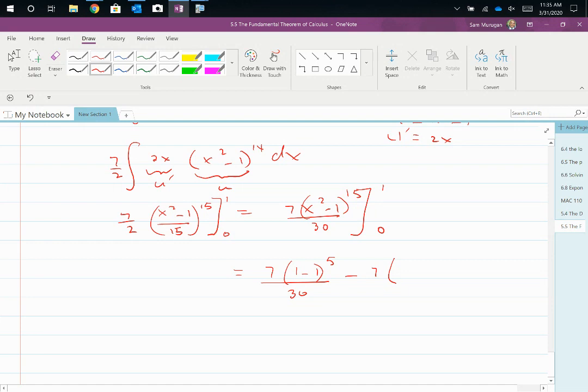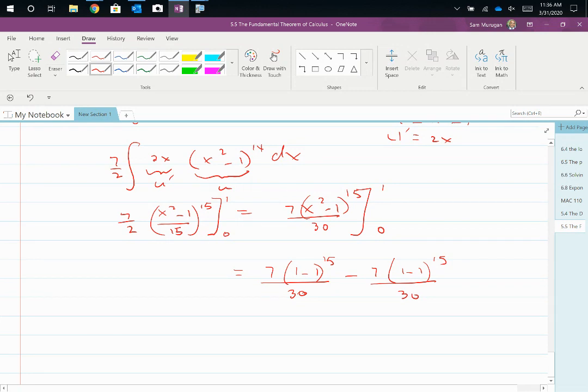Something is not working out here. Let's see. This is 7 over 30. Let me look back at this. This is minus 7. Why is this coming out? 1 to the 0 power is 1 minus 1 to the 15 power over 30.